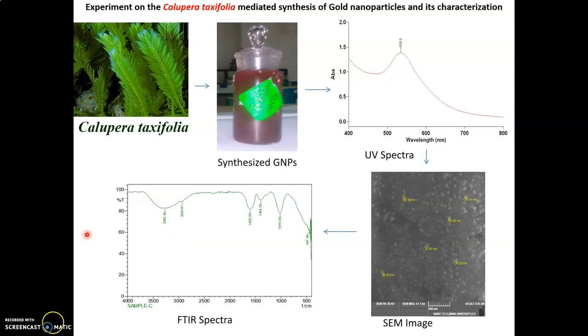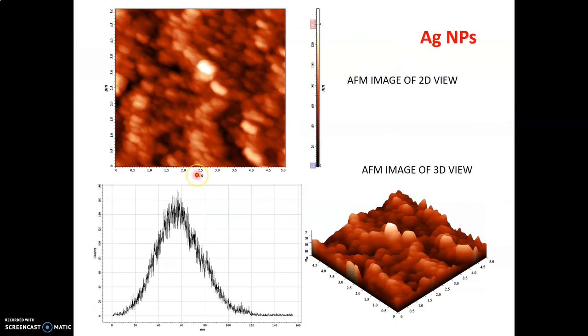And I also have some AFM images. We did a coating of silver nanoparticles for antimicrobial inhibition and anti-corrosion property of the metal. This is the 2D view of the silver nanoparticles which we have coated, and this is the 3D image which shows the clear coating of the Ag nanoparticles onto the metal surface, and the histogram of this 3D view is shown here.